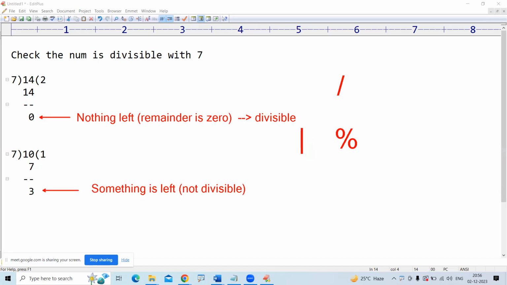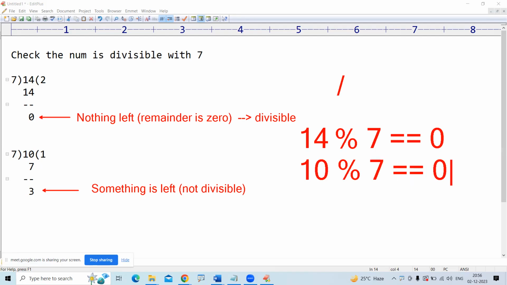Any number, maybe 14, or 7, or 10: if you divide by 7 and the remainder is 0, any number, no matter which.